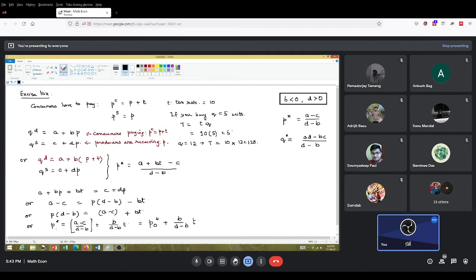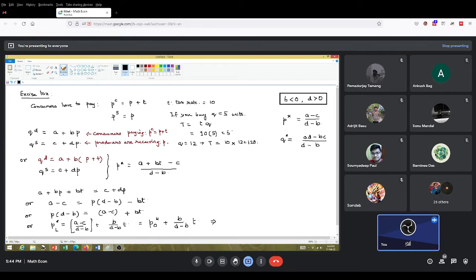You can say this is the post-tax price and this is the before-tax price. So it is very clear from this that there is a difference between the two prices. The imposition of an excise tax changes the price. If the tax rate is 0, then P star 1 and P star 0 will be the same. That's a very trivial result.